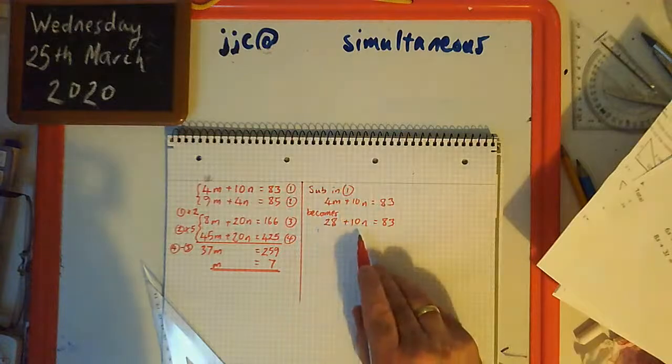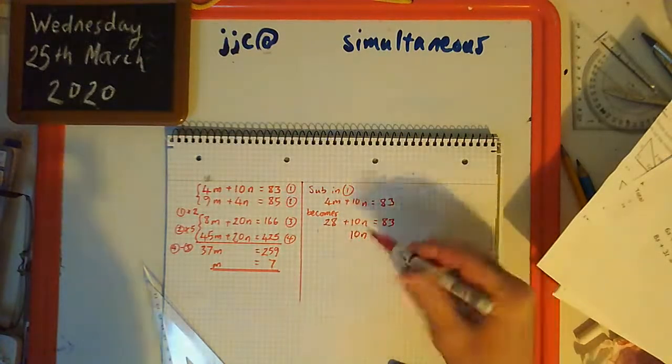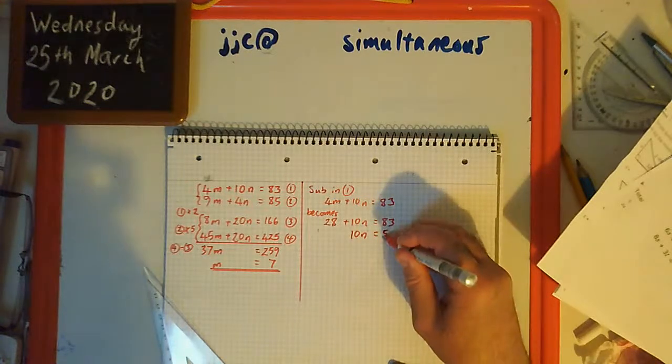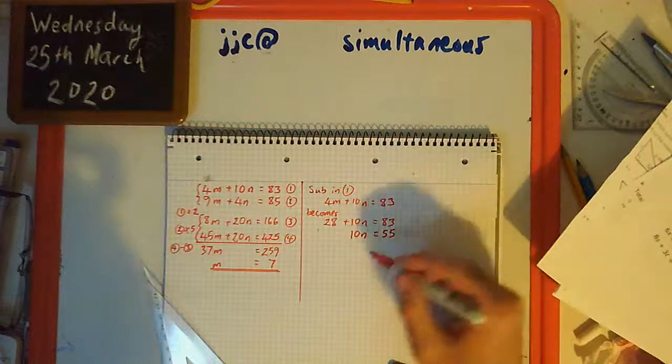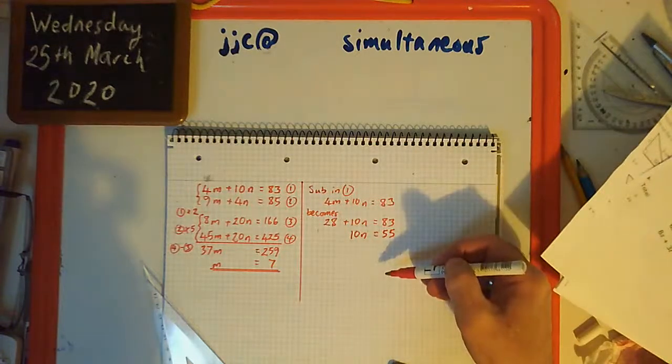I'm trying to get the bit with n on its own, so I'm going to take away the 28. So 83 take away 28 is 55, I hope. 10n equals 55 by taking away 28 from both sides.